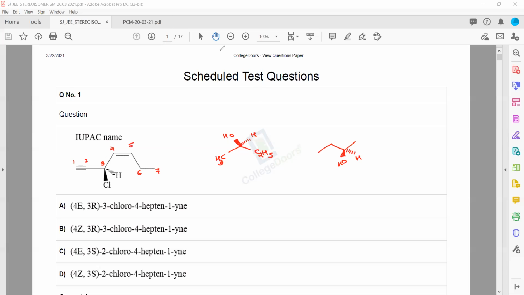So here, if I see the bond, this is the angle, and look at the direction. Let's say I call this the left side, okay? So in the Fischer projection, the dark wedge will also appear on the left side.